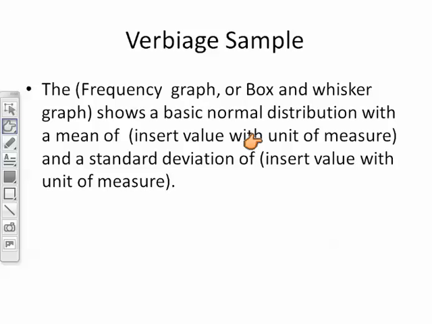So, what am I saying? If I give you some data that is the systolic blood pressure of the males in a particular school, a sampling of the males in a school, you could say, by plotting that data on a box and whisker graph, it shows a normal distribution with a mean value of 168 psi, pounds per square inch, and a standard deviation of 6 psi.